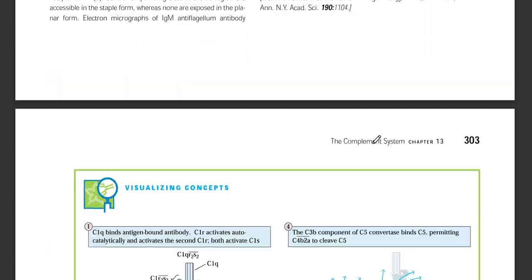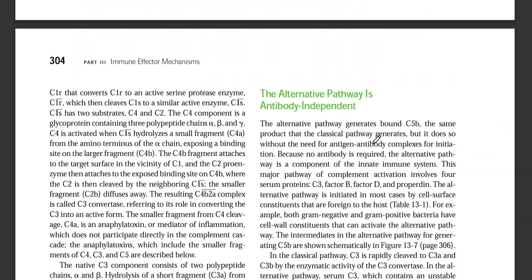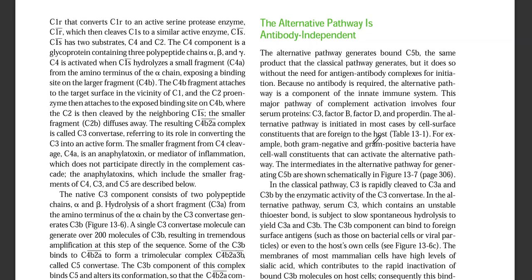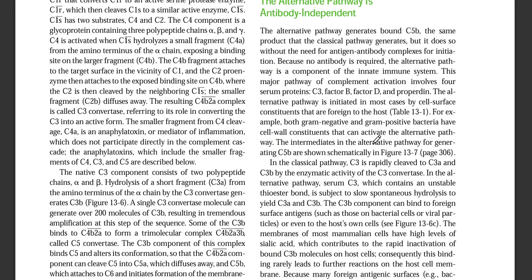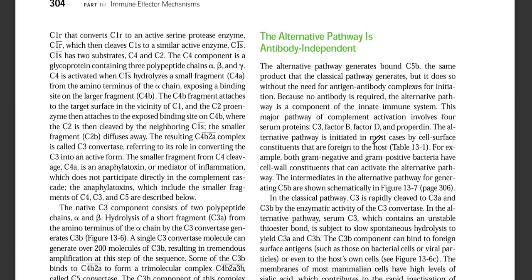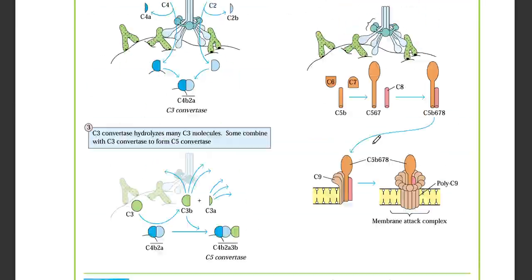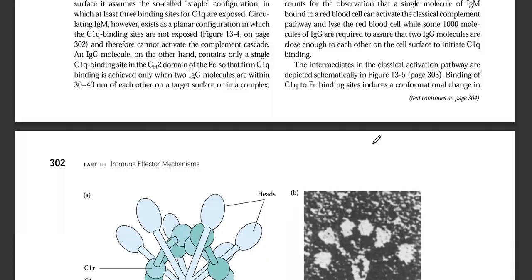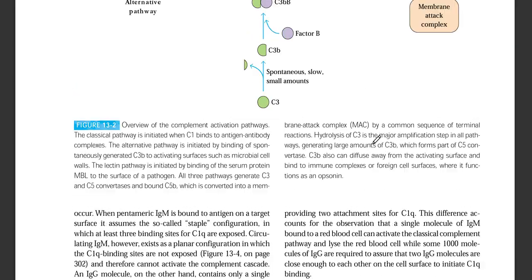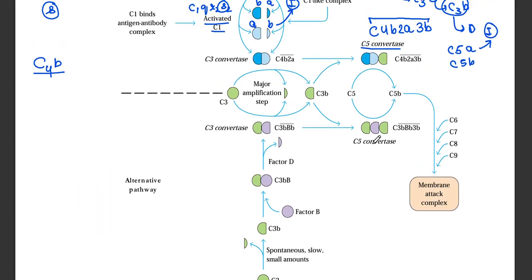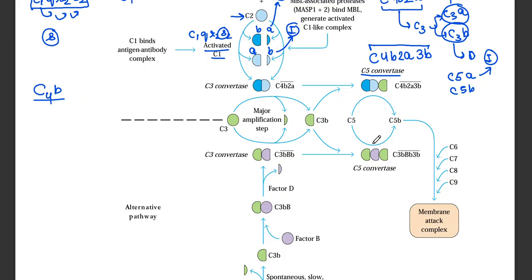Actually, I'm just forgetting the name of that particular C5A. Since it is causing the inflammation, this is very important and we should know about that. Nevertheless, we'll talk about it later on. So let us first focus on our pathway itself. Okay, so now we were talking about C5 convertase.